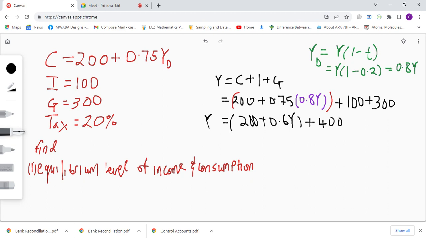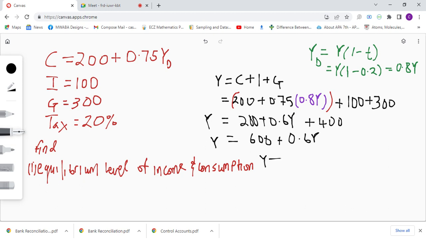We still have Y on our left side here, so we can just remove this bracket. We say 200 plus 400, we're going to get 600, then plus 0.6Y. Then we'll take our 0.6Y over to the left hand side.